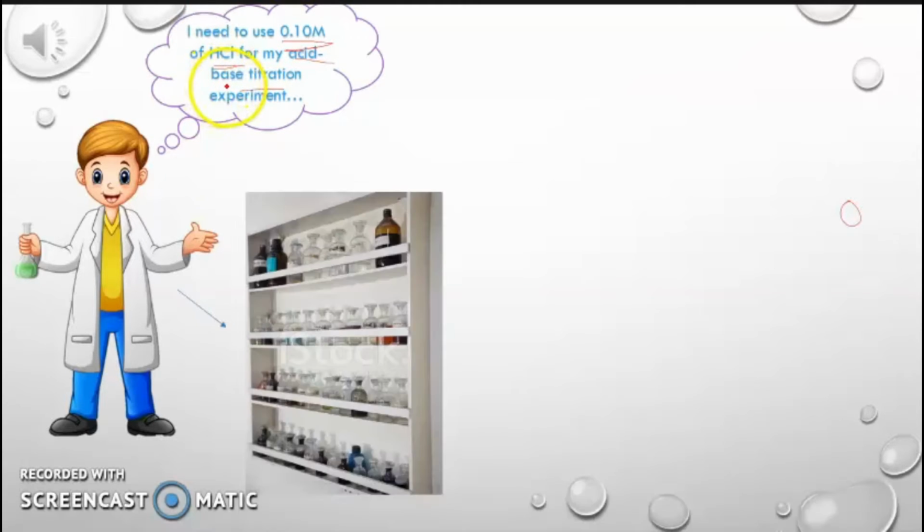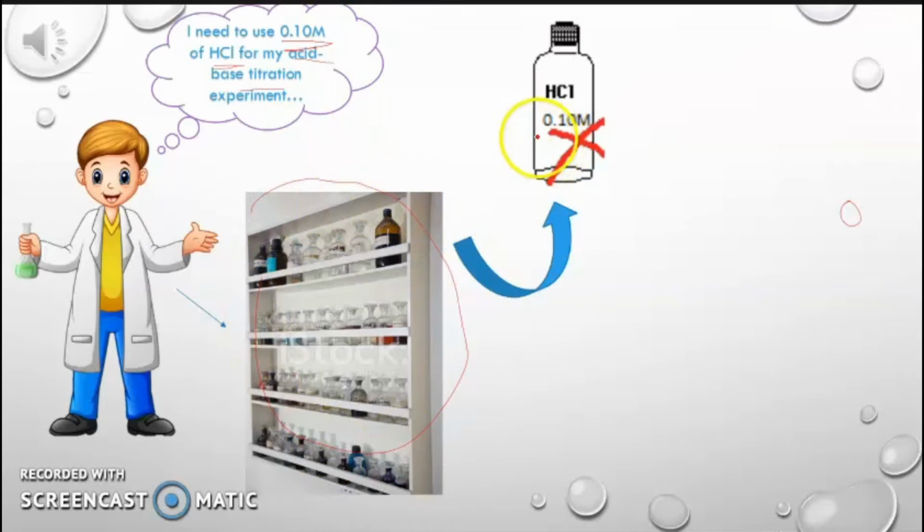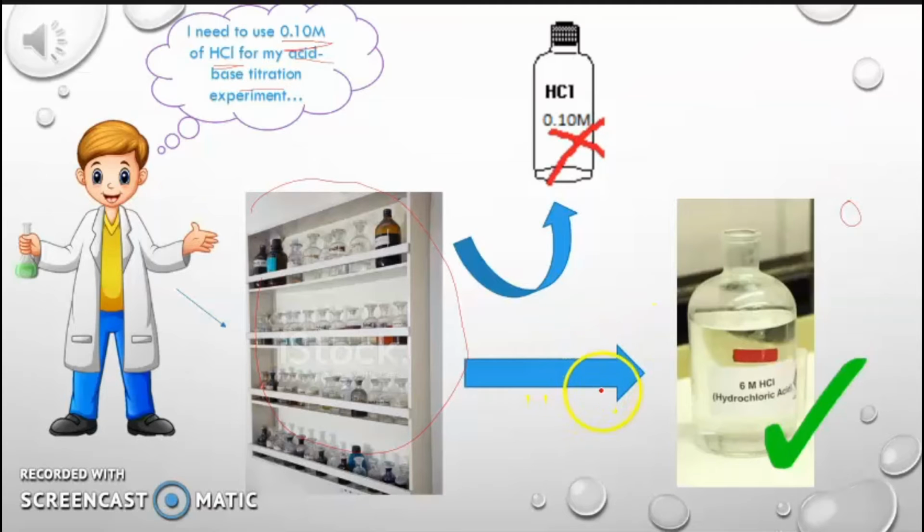But unfortunately, Alex cannot find the needed concentration when he looks at the chemical shelf in the lab. What he found instead was a more concentrated form of HCl, which is 6.0 molar.